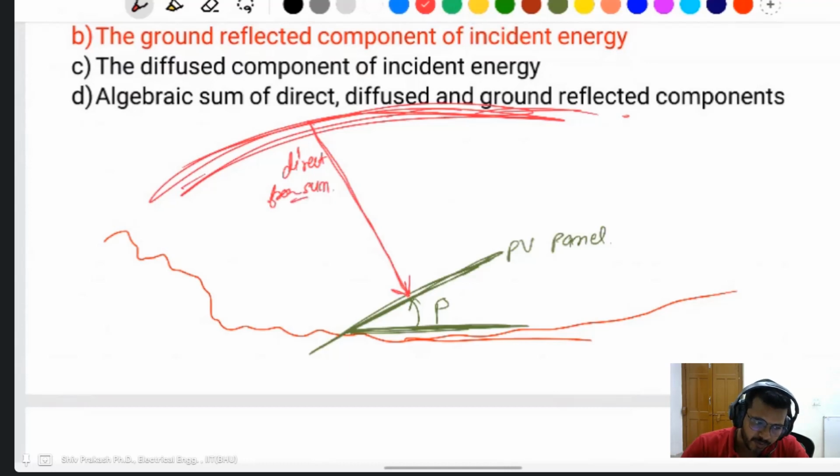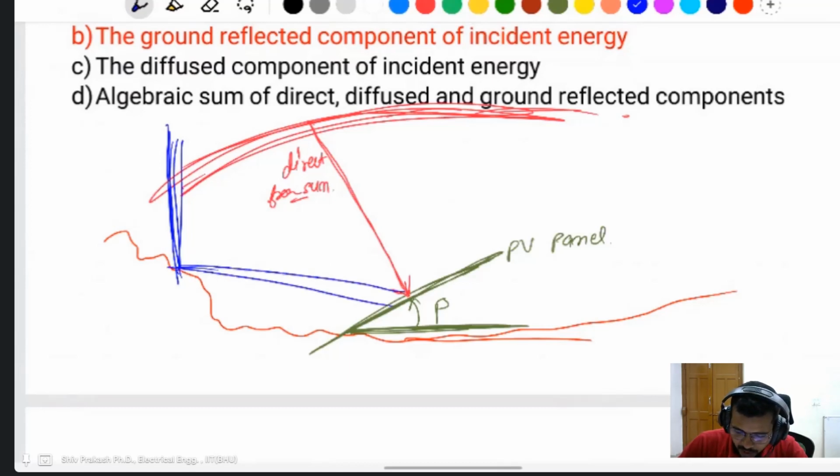But some of the rays come from here also, and after that they are reflected to the surface of the panel. These reflected rays are known as the albedo.